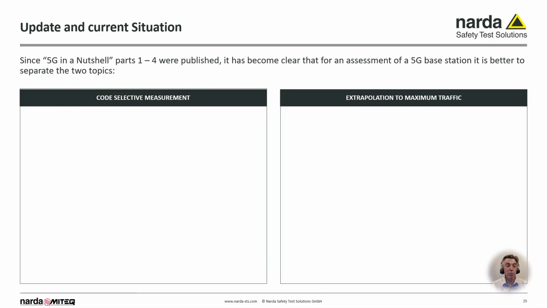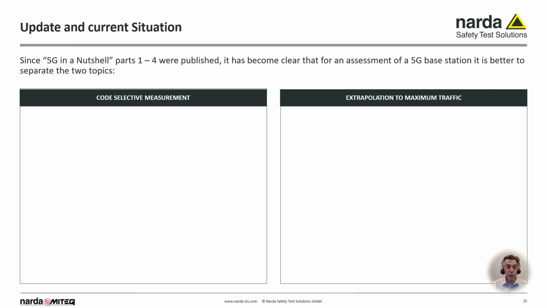So at the beginning of the code selective measurements in 5G and beamforming, we had a lot of problems to solve. Not we, NARDA, but the complete community of EMF. And we solved it a little bit by making, instead of one long equation with several variables, several equations.